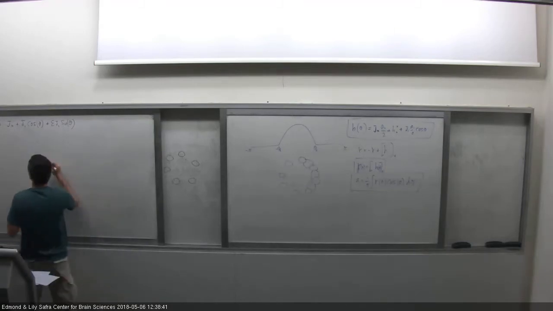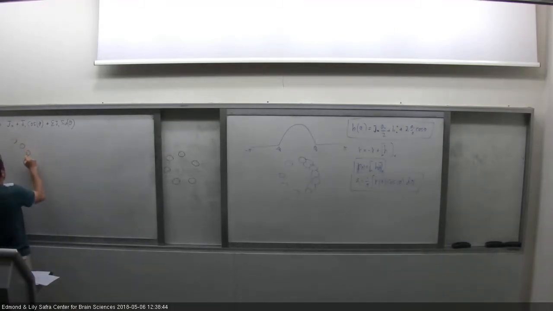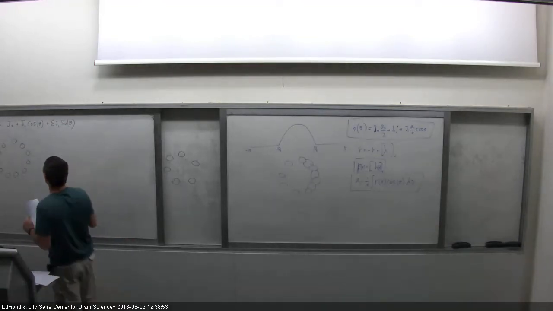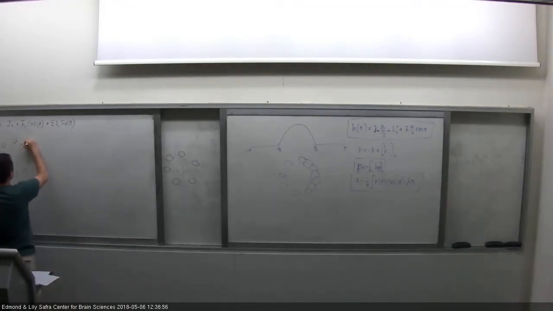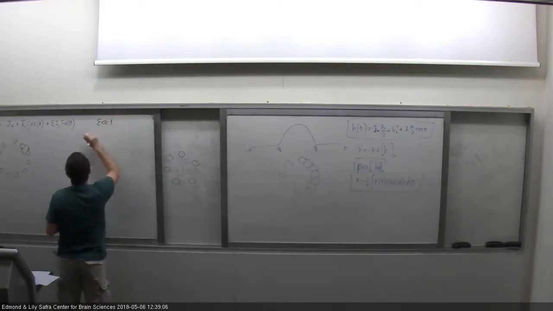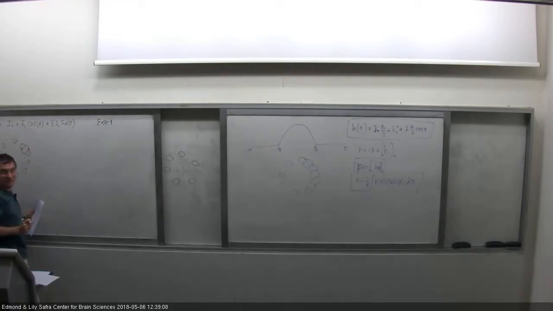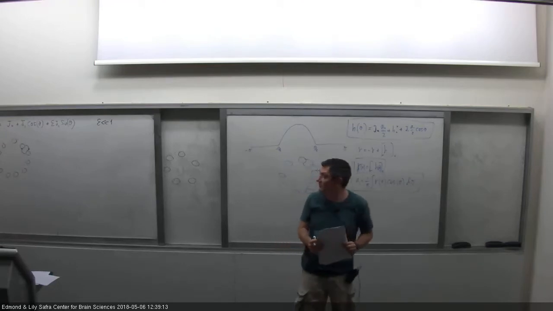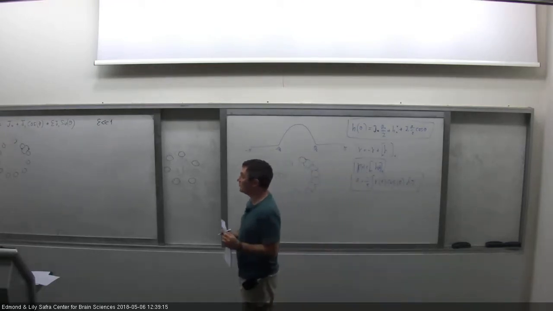So if we consider neurons on the ring, this implies that connectivity in one direction is different from connectivity in the other direction, and we will consider the regime in which this asymmetry is very weak. We'll take the limit of epsilon being very small.